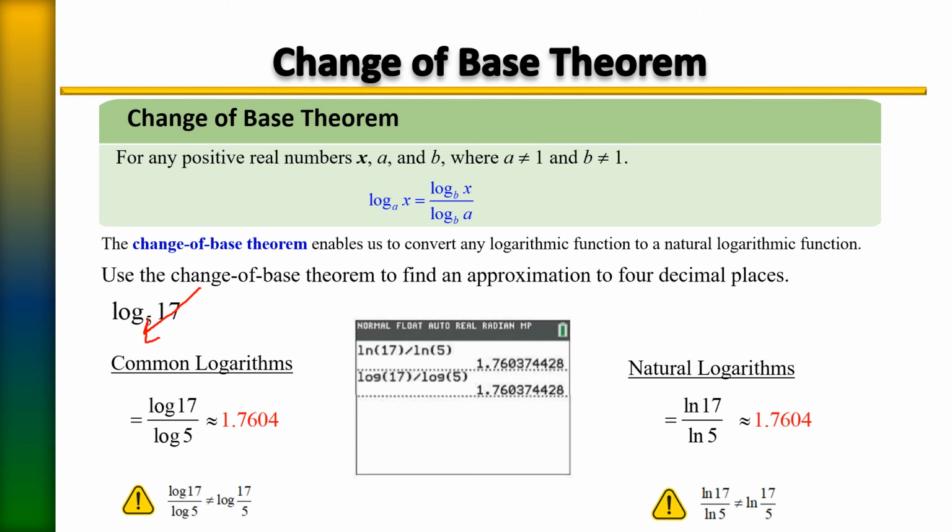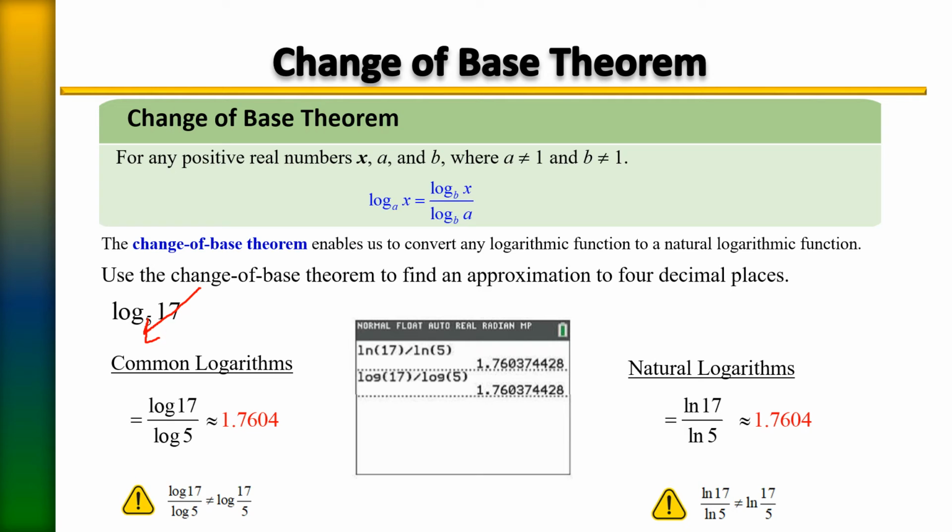But as I said before, whether you're calculating the common log or the natural log, you're going to get the same value. Just be careful that you don't type in the common log of the fraction 17/5 or the natural log of 17/5, because you're going to get the wrong answer.